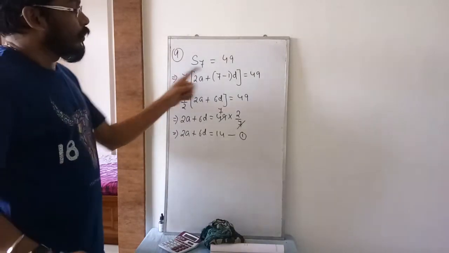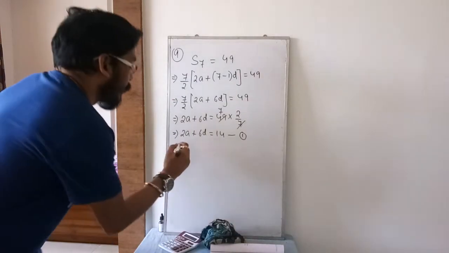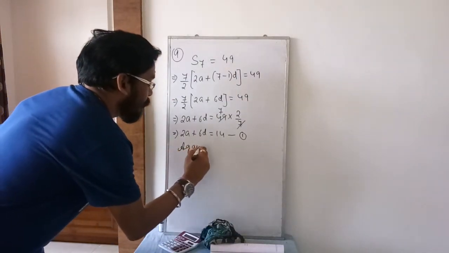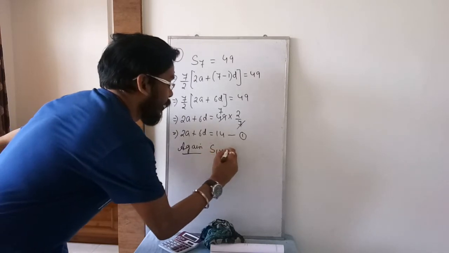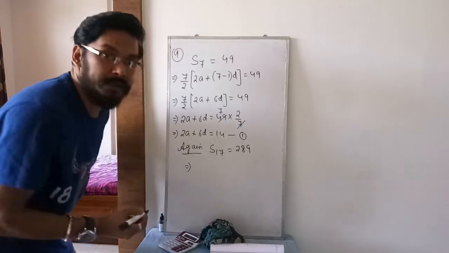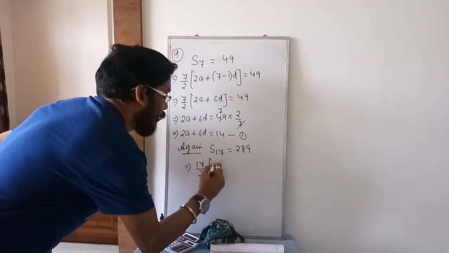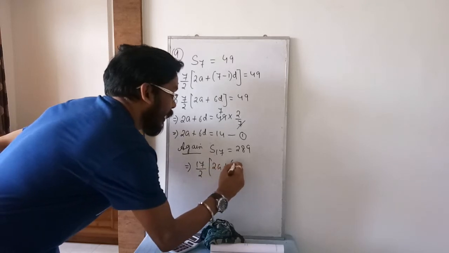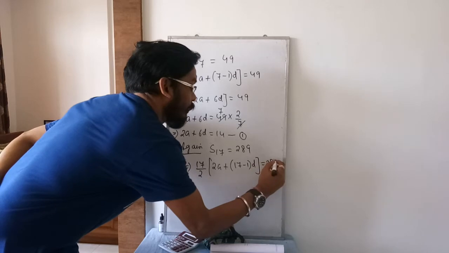This was multiplied, and when shifted to the other side it becomes divide, so it became 2 by 7. Again, what is given? 17 terms, means S17 equal to 289. So S17 means in place of n it will be 17. So 17 by 2 into twice a plus 17 minus 1 into d equal to 289.